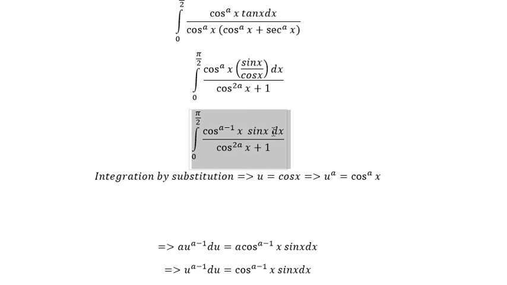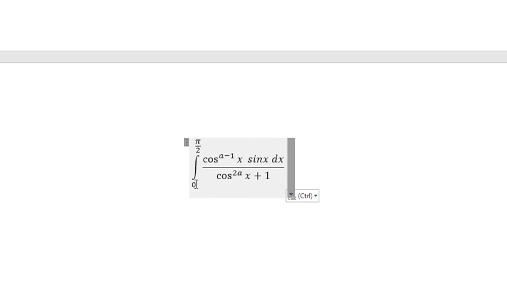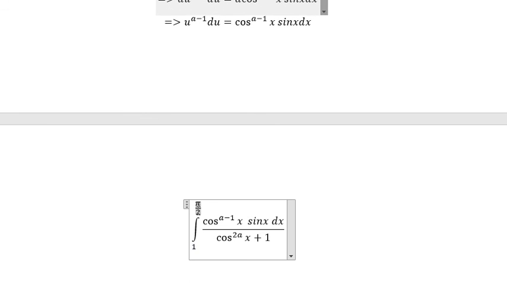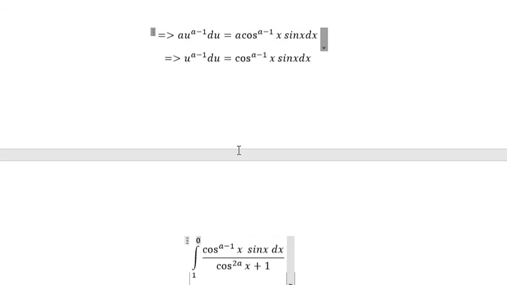Now we need to change this integral's limits. So we have cosec x, and we put the number 0 in here, and you get the number 1, and π/2 we put in here, you get the number 0. Next we have u to the power of a times cosec x to the power of a.